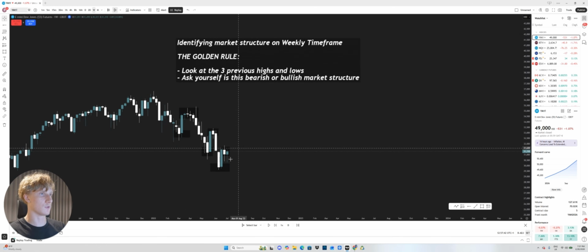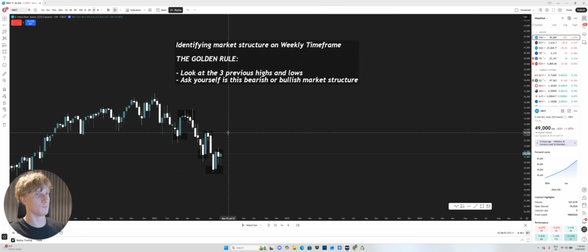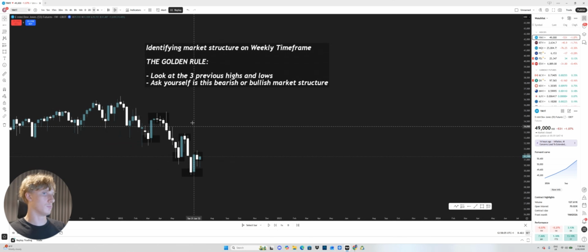We need to ask ourselves the question, is this bullish or bearish market structure? Now, in this case, it's obvious. After this, I'll show you one where this rule will really help you. But here we can see low, higher low, low, lower low, lower low. Then we have high, lower high, lower high. Cool. So obviously, this is bearish.